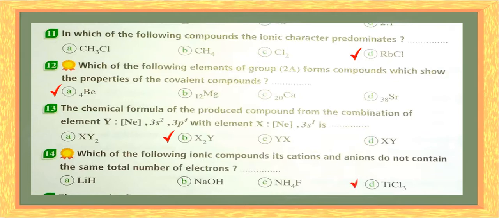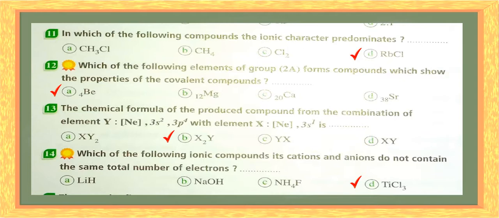NaOH: Na will be 10, oxygen reaches 10, and OH as a group will be 10, made by forming one bond. NH4F will make a bond here, we have a group, and this is the element. These two compounds are bonded as a compound.